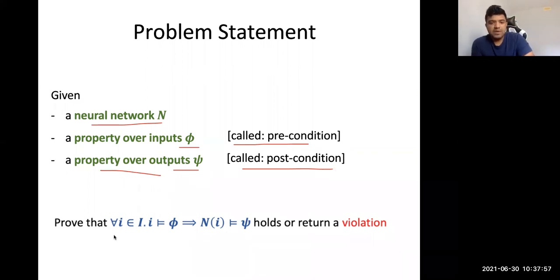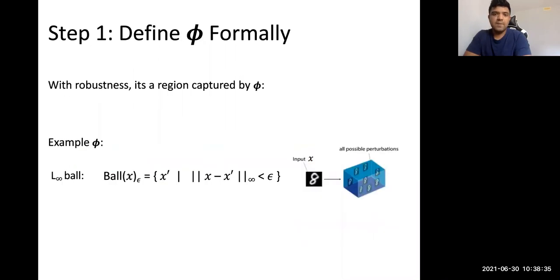So this would be our statement: for every input I from our domain of inputs, if our input satisfies the precondition, where this is a satisfaction symbol, this implies that the neural network either holds our property, our postcondition, or returns a violation. We will break this down and investigate this further.